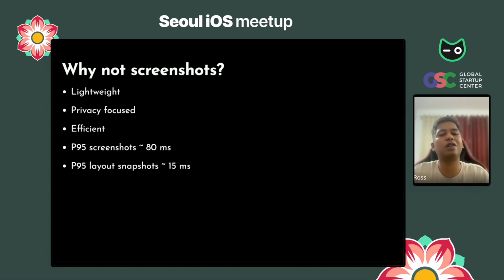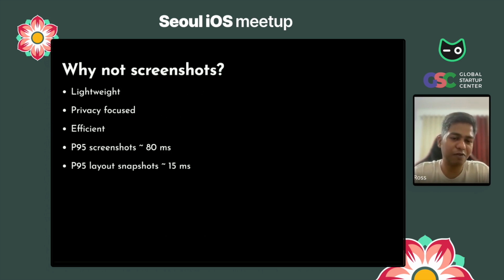Then you need to do some sort of post processing on top of it as well, where you essentially go ahead, redact all the information, add a masking layer on top of whatever views you want to hide out, and then save it to the local file system. And all of that process becomes heavy.